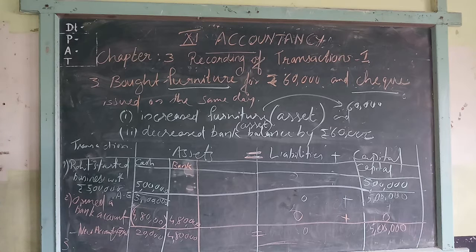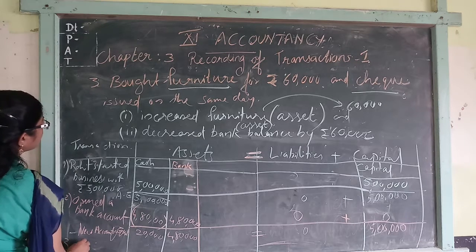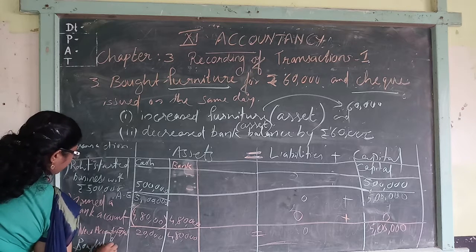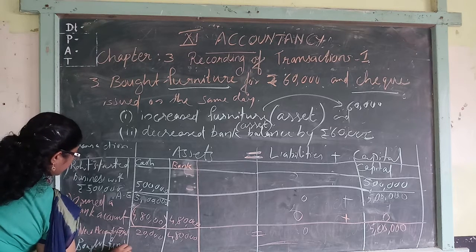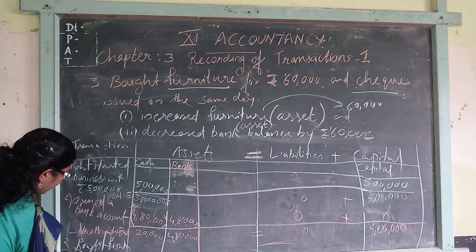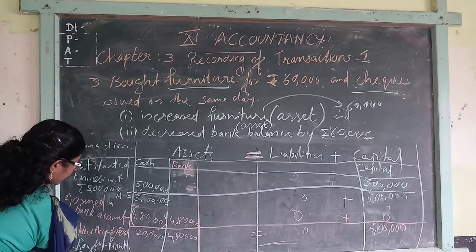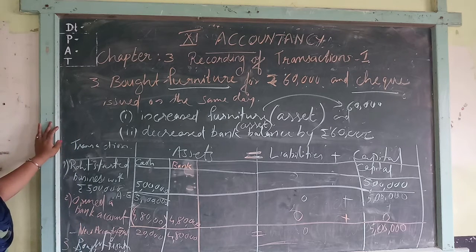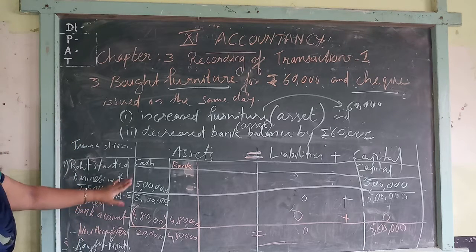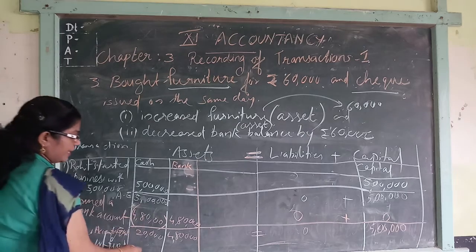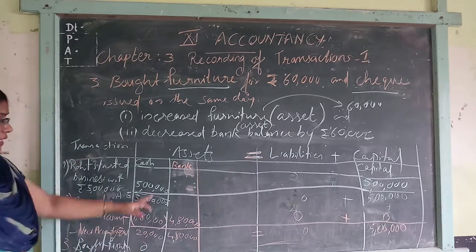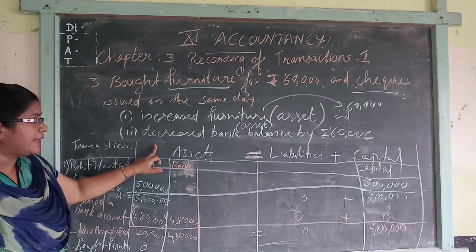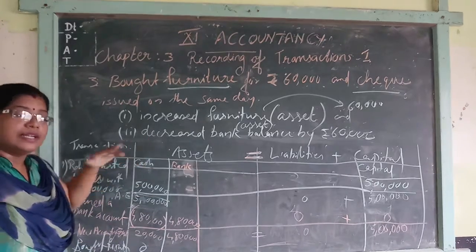Okay. So here you can write both, furniture and issued check. What are the twofold effects here? Is it affecting cash? No, zero. Is it affecting bank due to this transaction? Yes. Decreased or increased? Decreased.